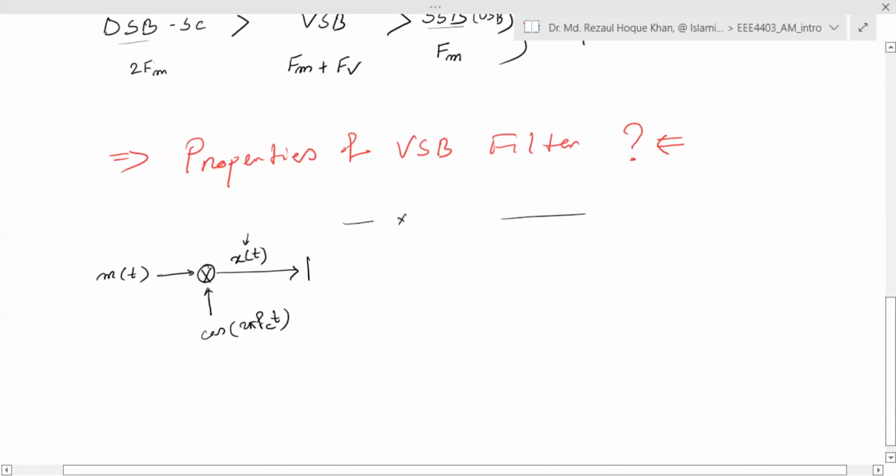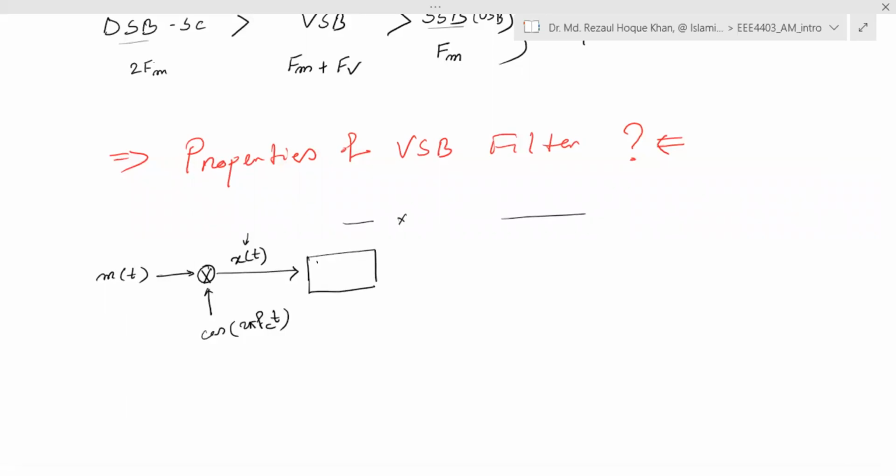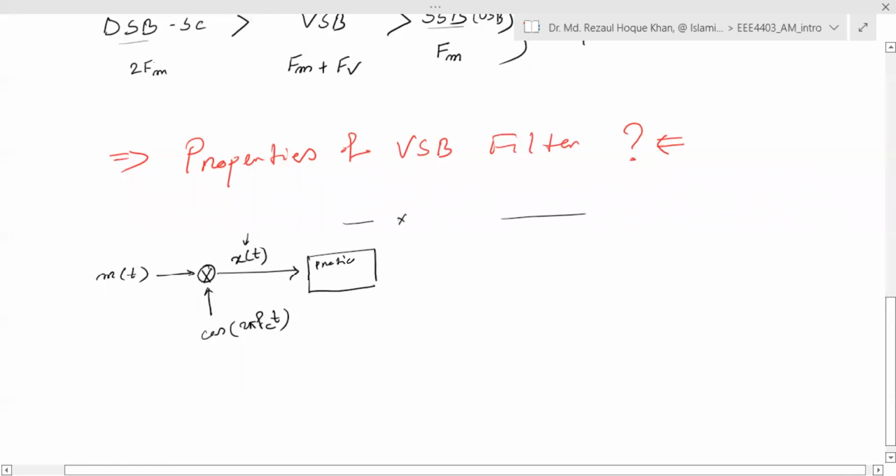It then passes through a practical high pass filter having impulse response h(t).